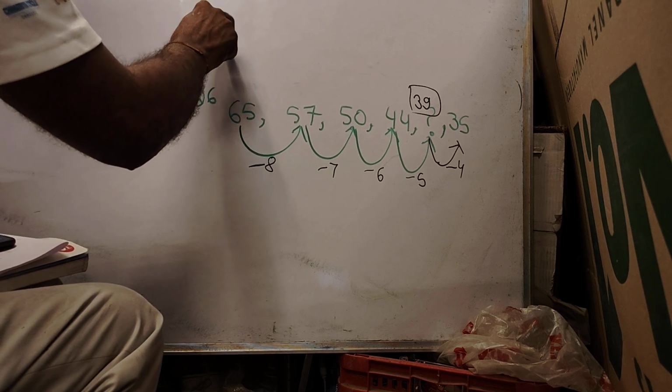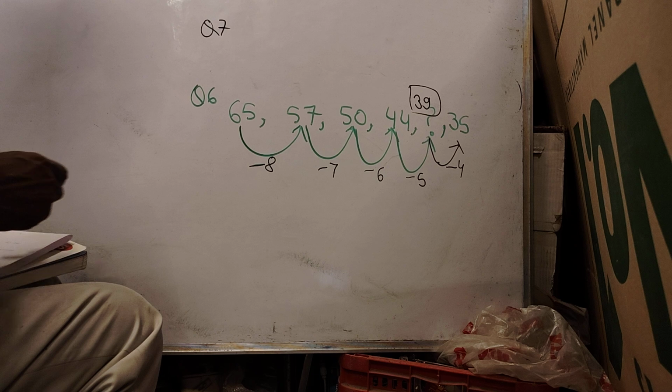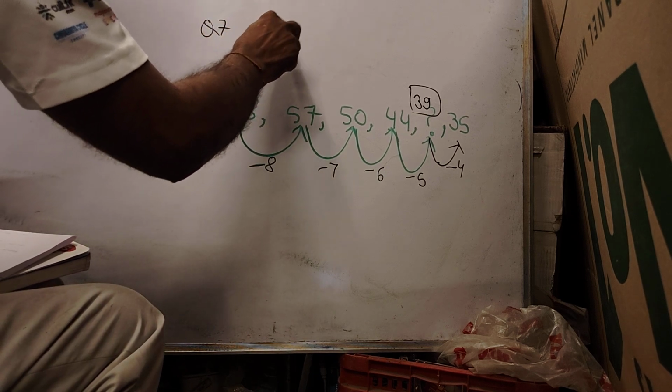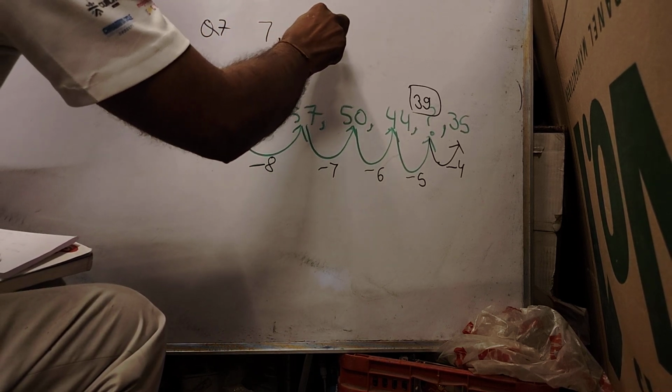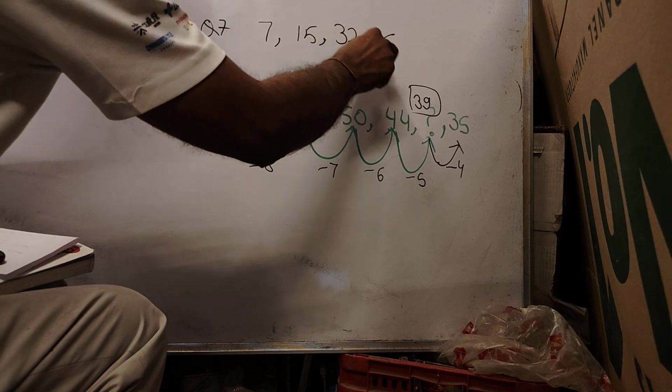So next question is, find the wrong number. That means odd one out.